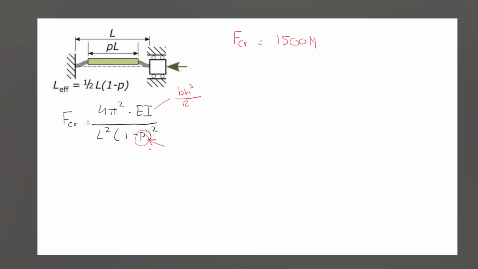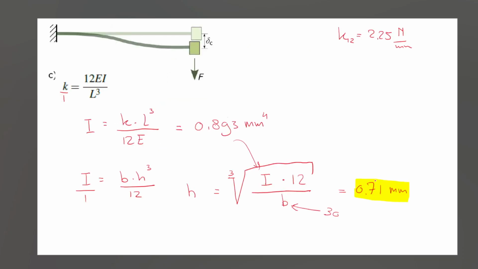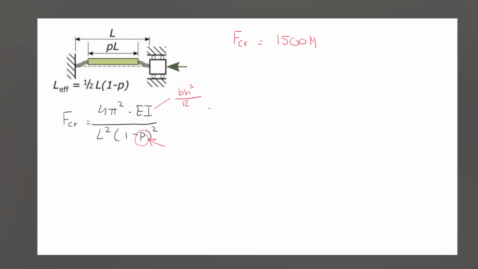But I argue we can, because we can plug in different values for H. We know that it can't be any bigger than 0.7, but it can be smaller. So we are just going to increment 0.1, 2, 3, 4, 5, 6, and then see which value for P becomes a reasonable value.